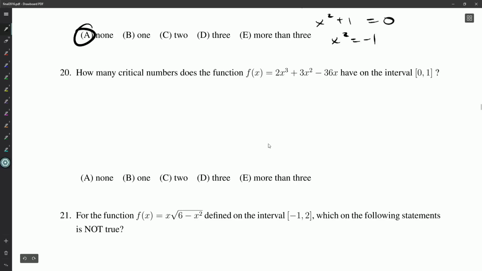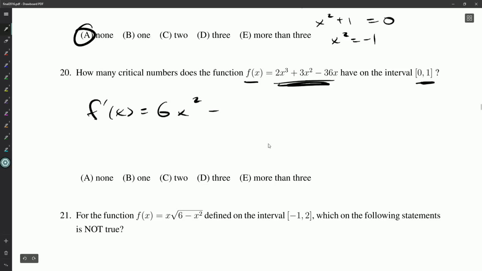All right, and the last question, at least for this video. How many critical numbers does the function f of x, this little polynomial, have on the interval 0 to 1? Okay, remember critical numbers are where your derivative is defined and equal to 0 or just undefined. Now this is a polynomial. Polynomials always have derivatives that are polynomials. It's one of the wonderful things about them. So we're probably just going to be solving for the roots of a polynomial.